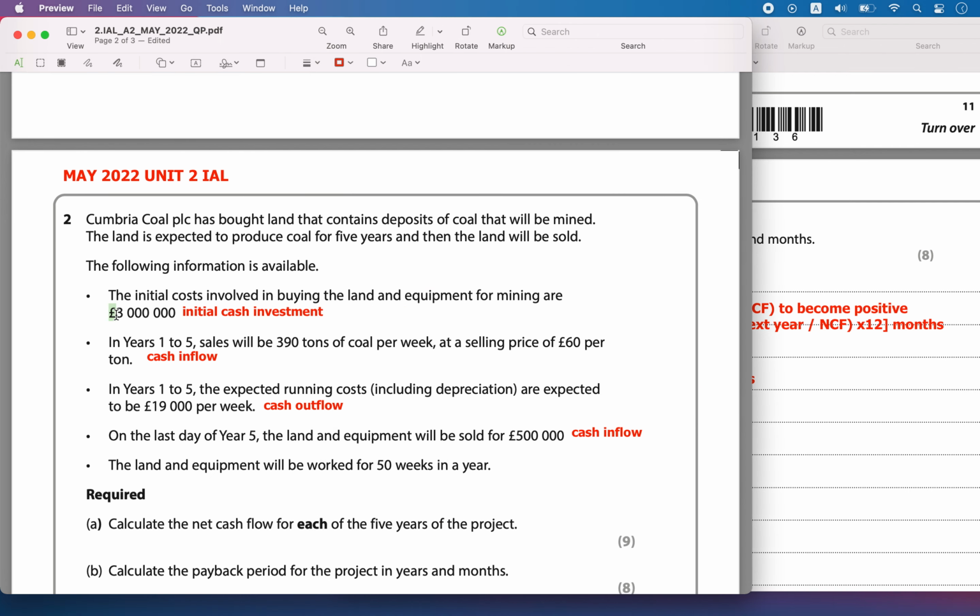Let's assume it happened in year 0, when there is no cash inflow or outflow. You just bought the land in that year, so you start off with the negative balance. This is the cash that has left the business to buy the land.